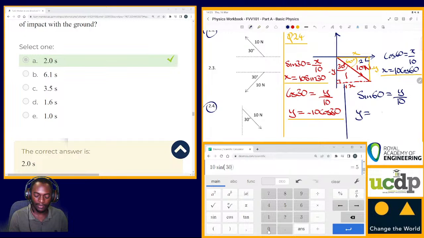Therefore y is equal to 10 sine 60, and it's negative. Why? Because it's on the negative side of the y-axis.